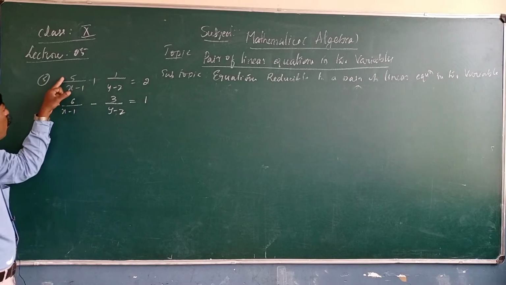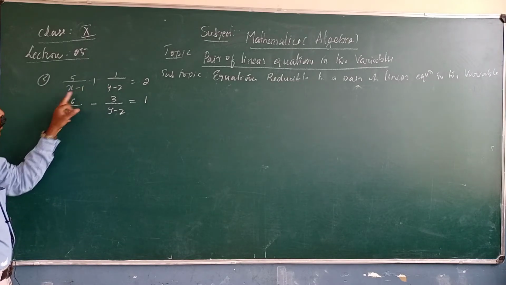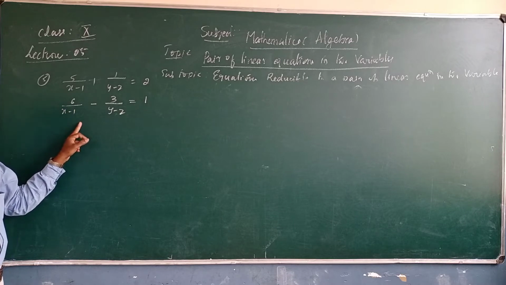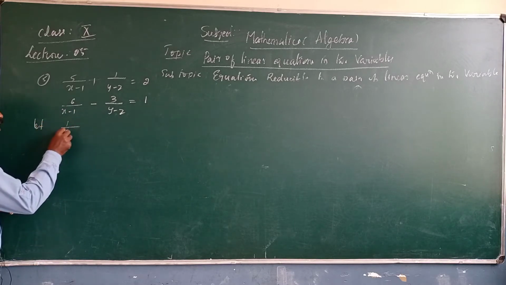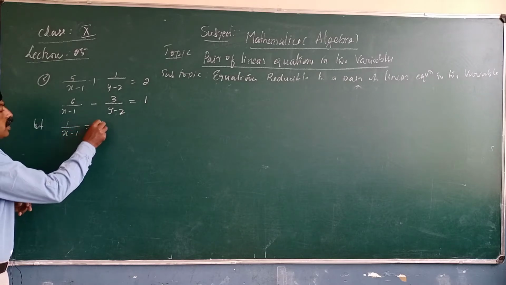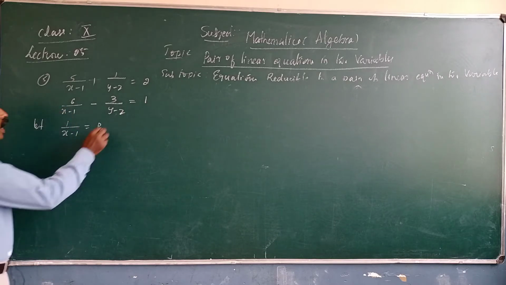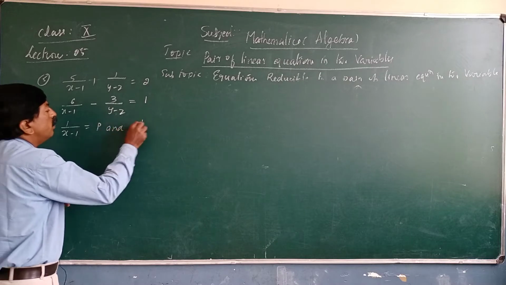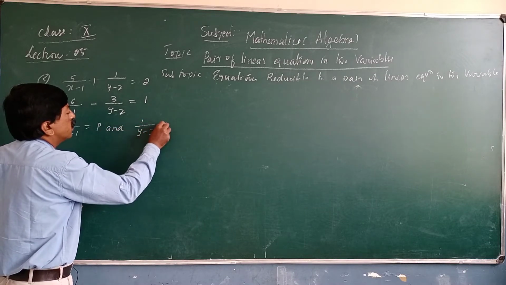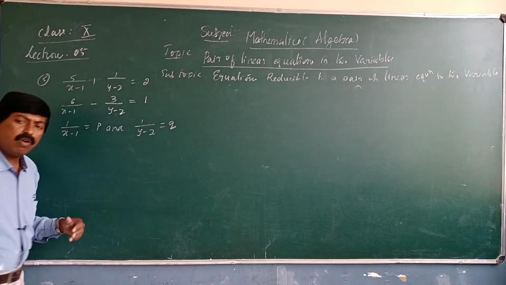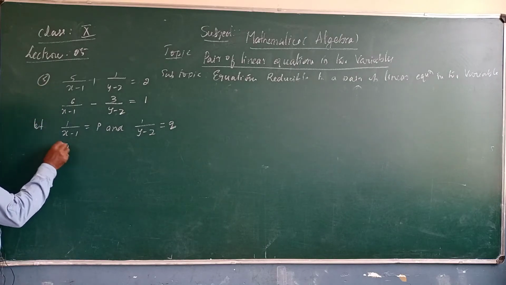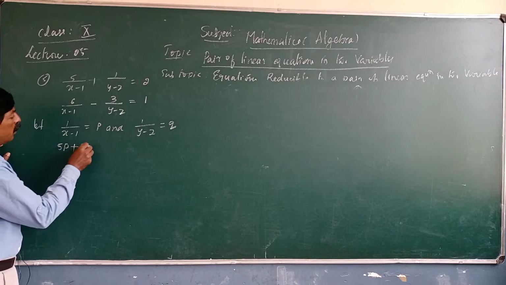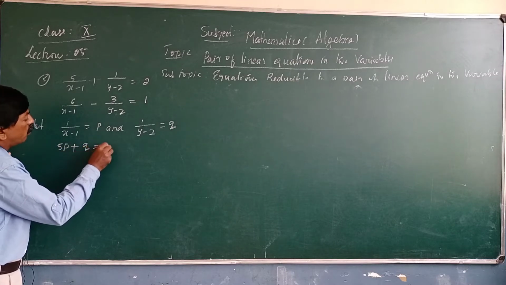Now observe here, 1 divided by x minus 1, 1 divided by x minus 1. Make this as p. So let us consider 1 divided by x minus 1 is equal to p, and 1 divided by y minus 2 is equal to q. Now our equation will become 5p plus q is equal to 2.